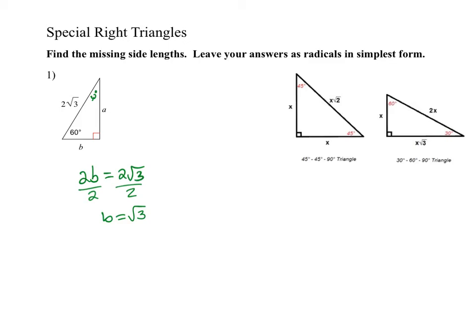And now A equals whatever B is times the square root of 3, so the smallest side times the square root of 3. In this case, A equals the square root of 3 times the square root of 3, which equals the square root of 9. That is 3. And there I have my A and B.